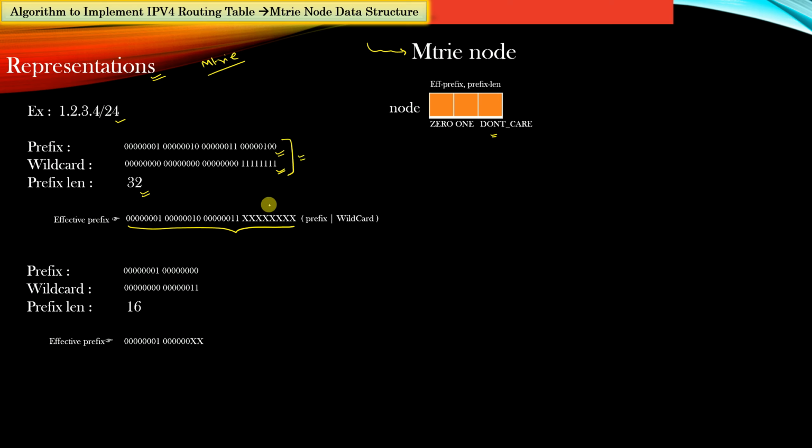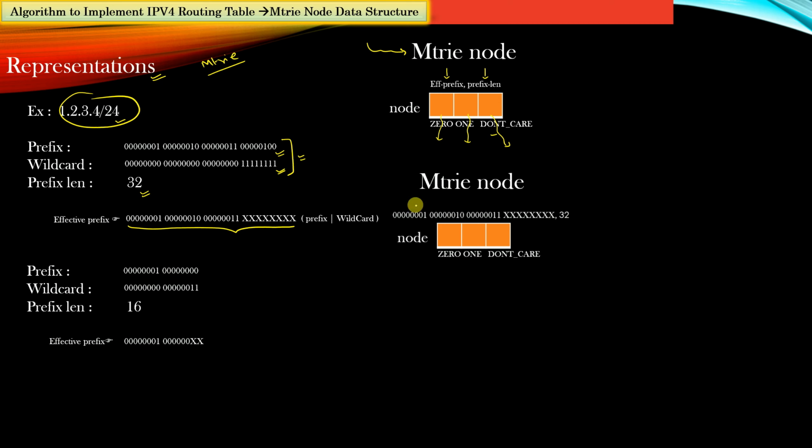All right. As I said, each node is going to store the information regarding route. Each node will store the effective prefix, the prefix len, and certain pointers which point to its child nodes. The child nodes we will discuss later when we actually discuss the algorithm. So the mtry node which will be used to store this particular route would look something like this.